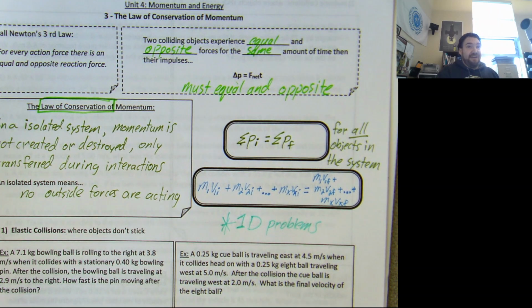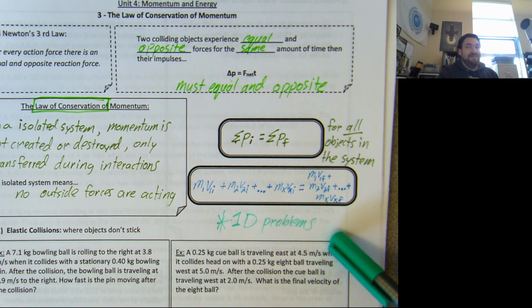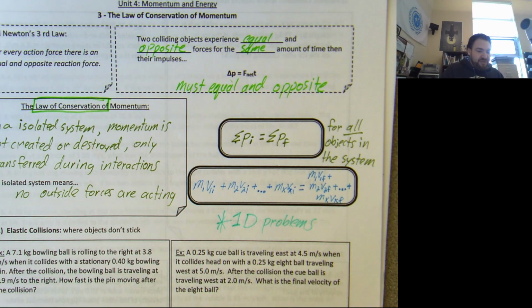But momentum is a vector. So in vectors, as you've seen with inclines, as you saw with projectiles, we can break vectors up into multiple directions. We had 2D projectiles when I was launching things up at an angle. The inclines gave us two-dimensional styles of problems. These momentums are only going to be one-dimensional because we haven't looked at adding vectors together. We're going to save that for 12. So we're looking at one-dimensional momentum problems.